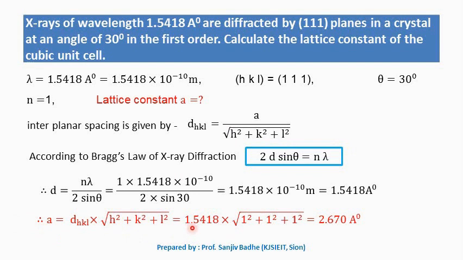So a will be 1.5418 into square root of 1 square plus 1 square plus 1 square, that is square root of 3, and that value is obtained as 2.670 angstroms. So here we used 1.5418 in angstroms, so final answer for lattice constant will be in angstroms. So the lattice constant in this problem is 2.670 angstroms.